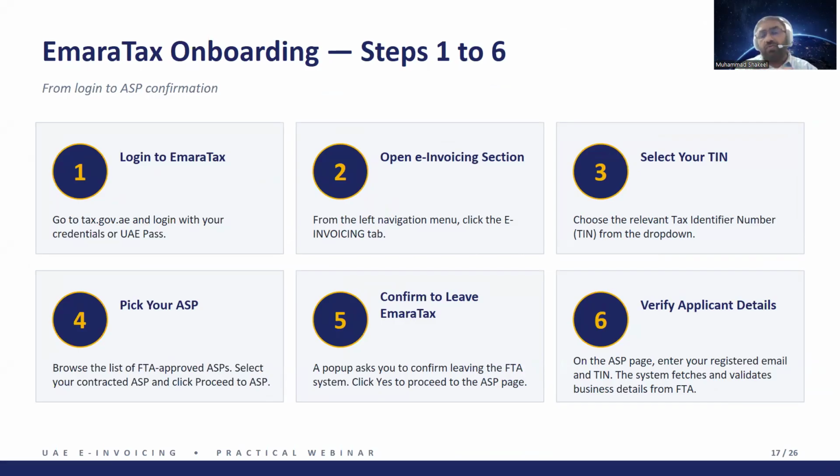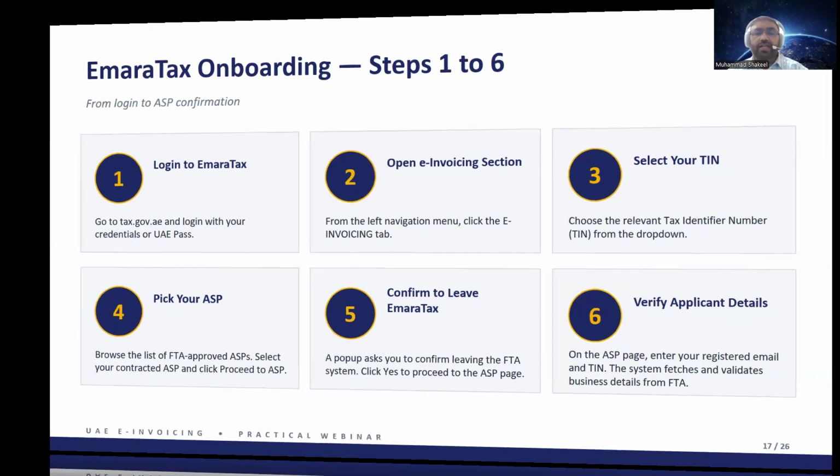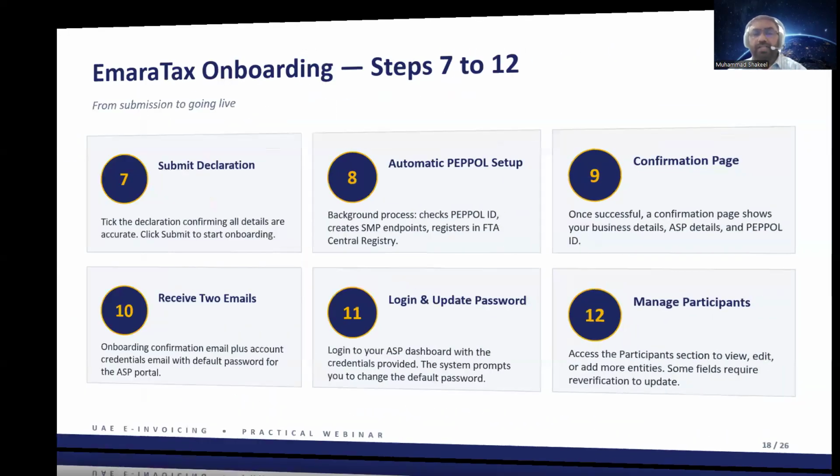First of all, you will log in on your EmaraTax, then open the e-invoice section. After that, select the TIN, pick your ASP, and then confirm to leave EmaraTax, verify application details. So these are the steps. This is stepwise: when you open your Emara portal, the same thing comes on your screen, so you can go one by one and select your ASP.